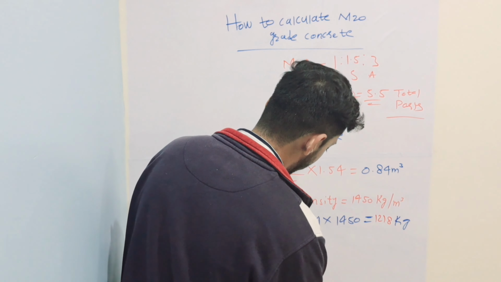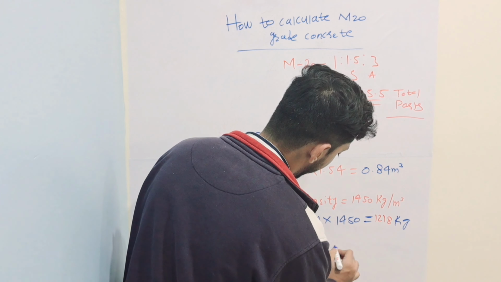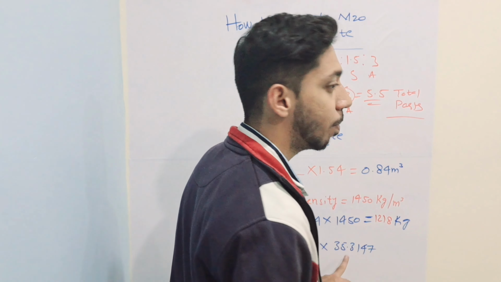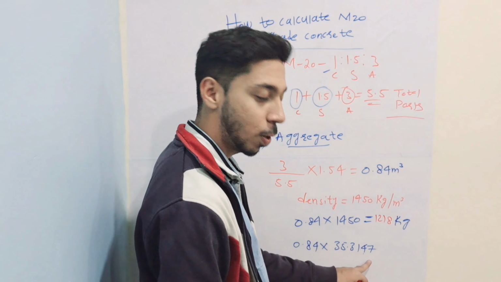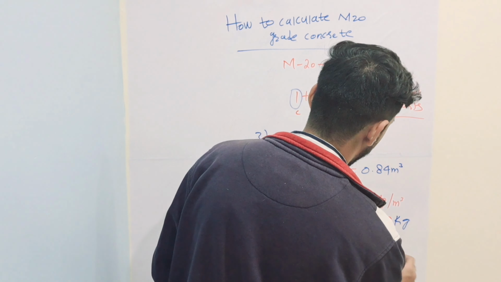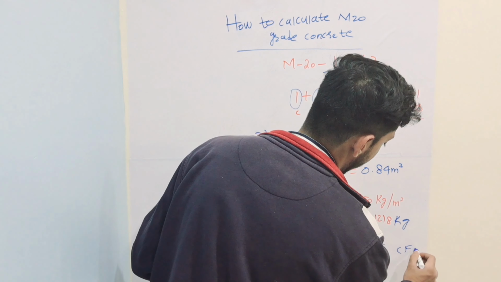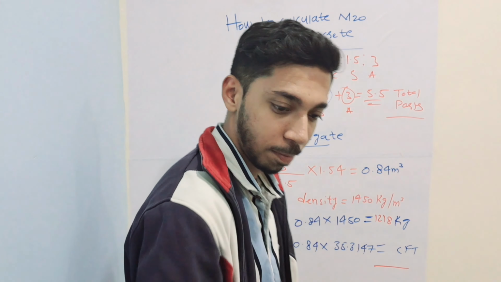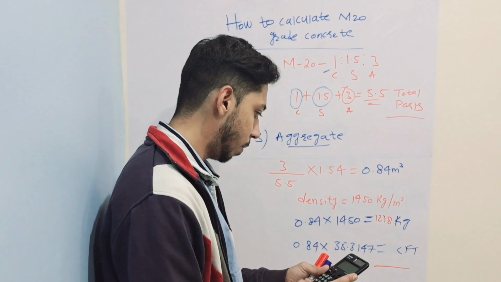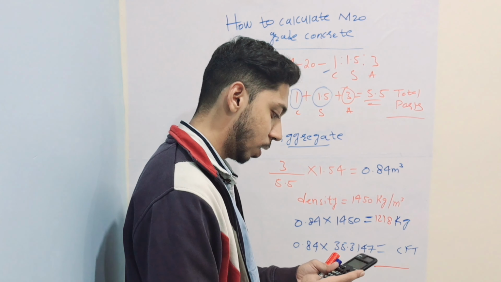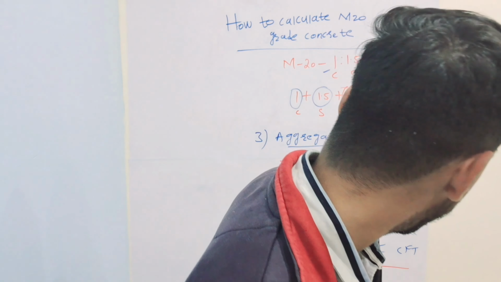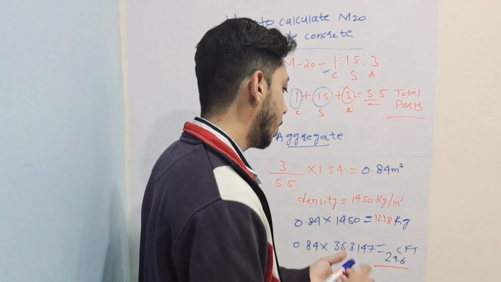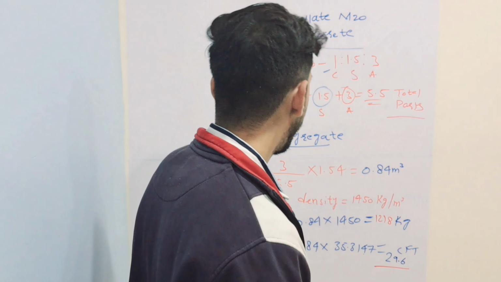I will simply multiply 0.84 into 35.3147, because 1 meter cube is 35.3147 cubic feet. So we get 29.66 cubic feet, and I will take 29.6 cubic feet. This is how you calculate the quantity for aggregate.